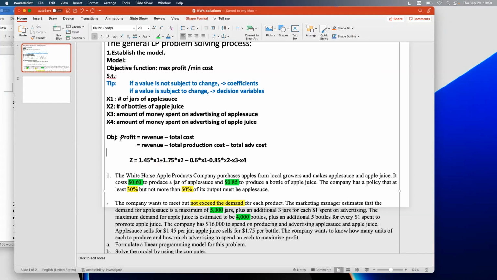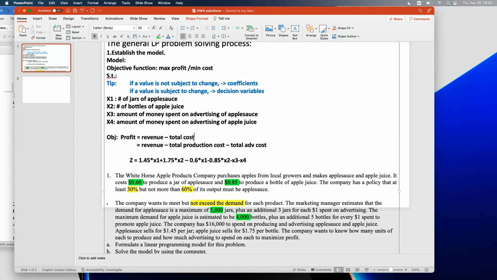We're starting from the very simple formula. Basically, you need to find all the related information and put it into this formula, because profit equals revenue minus the total cost, right?